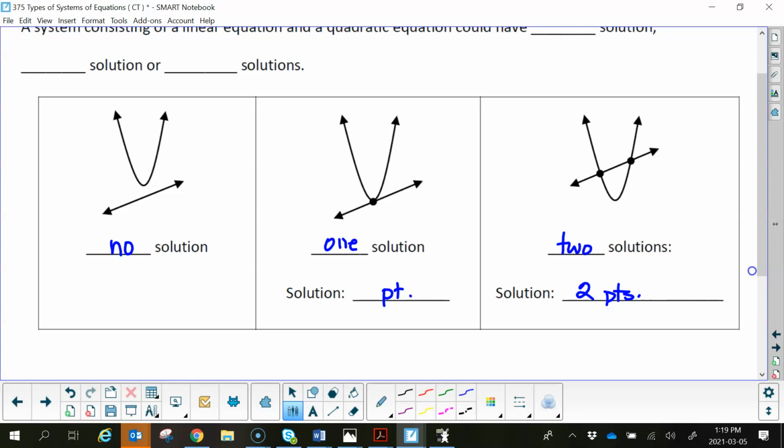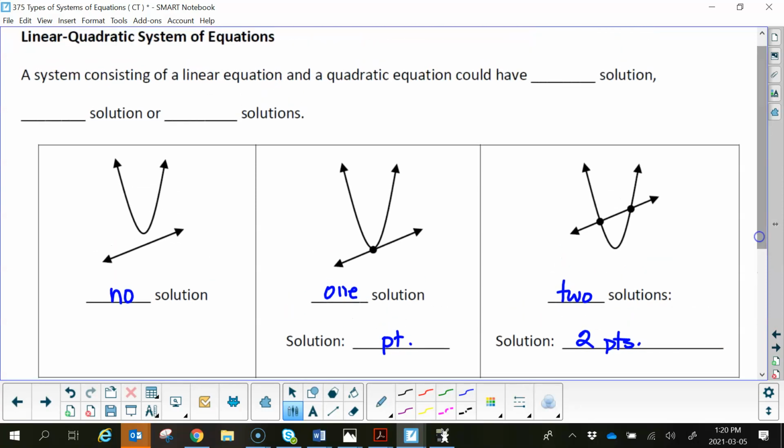If it's an application question, then you write it out with whatever the definitions are for those variables. So no solution, one solution, or two solutions. For a linear quadratic, there'll never be infinitely many solutions. They're different shapes.